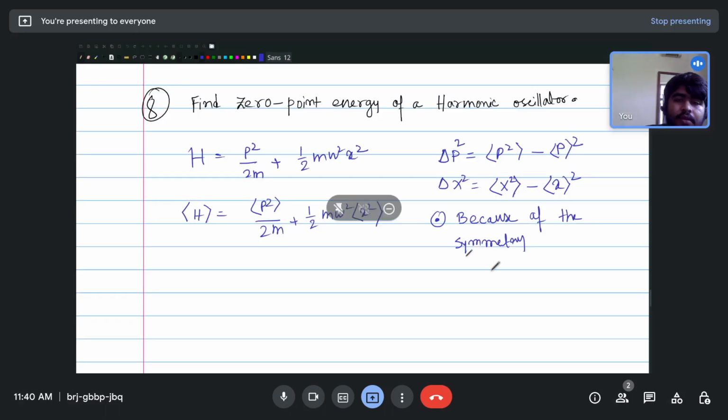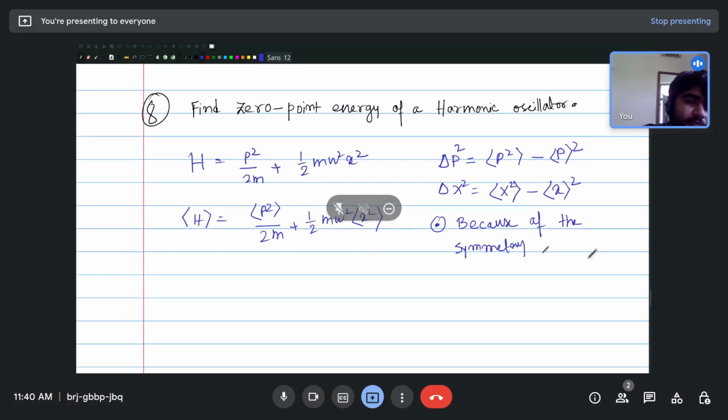Because we are talking about the symmetry, so because of the symmetry of the wave function, x average is 0 as well as p average.